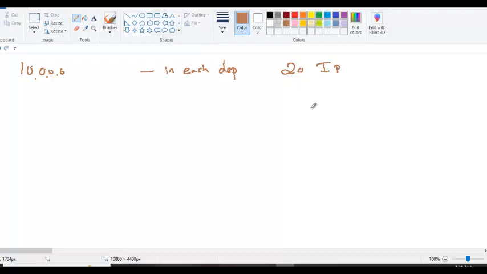This time it is not talking about network. It is talking about hosts, isn't it? What is the difference in borrowing bits? For host, it should be from right to left. So 10 dot, 1, 2, 3, 4, 5, 6, 7, 8, 1, 2, 3, 4, 5, 6, 7, 8.